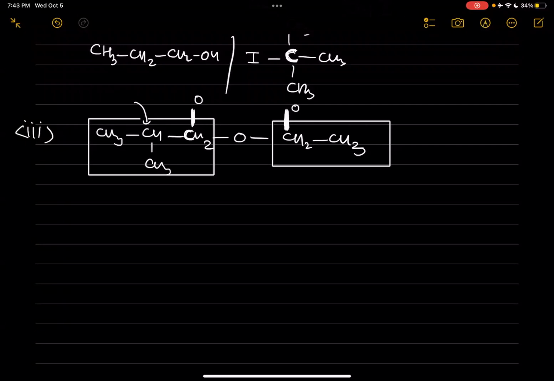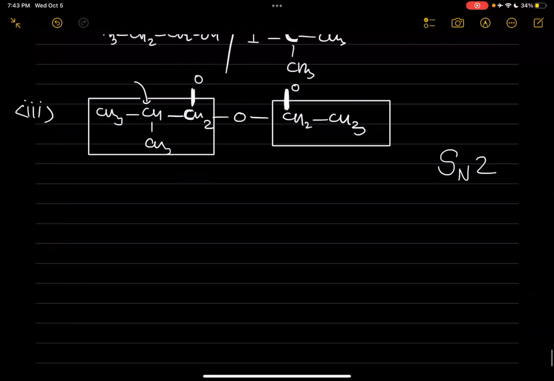So now Arshin, tell me where the I minus is going to come and join itself. Which one? On the right group or on the left? Left is also primary. Both are primary, but where can the I minus approach more easily?